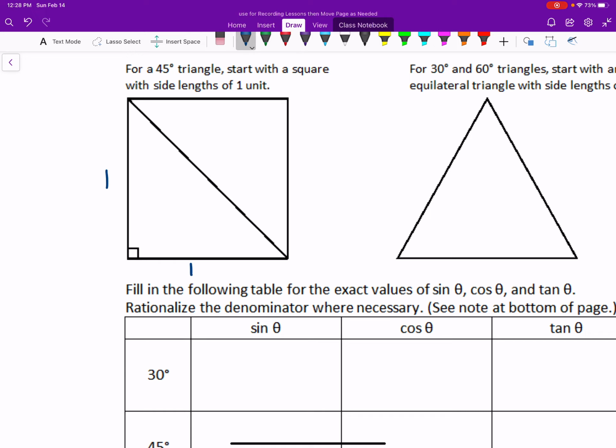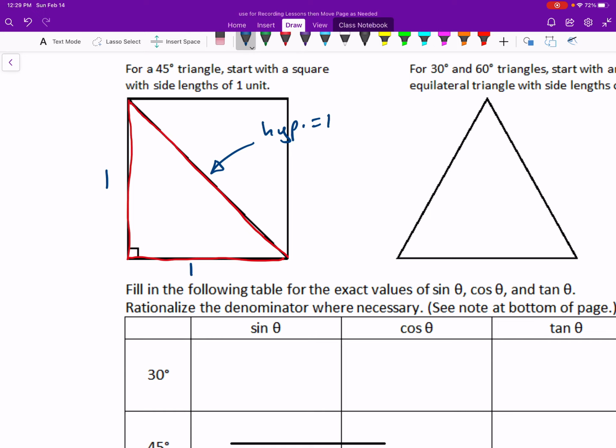This side, which would be the hypotenuse of the triangle, if I was just to focus on this part of the triangle, make it into a right triangle now, this would be my hypotenuse, wouldn't it? And the hypotenuse, from Pythagorean theorem, we know it's going to equal the sum of the other two sides squared, then added together, and then we take the square root of it.